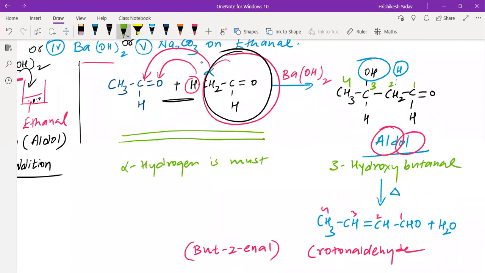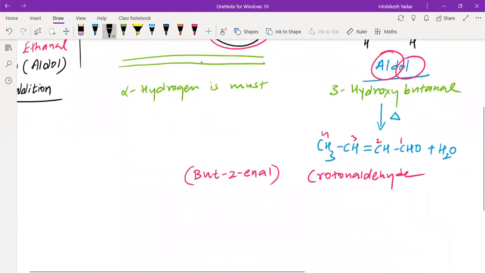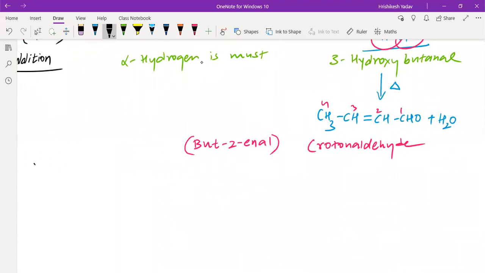Now question can be like, we can try one more example here. Suppose if we'll go for question number 2. If it comes action of sodium carbonate on acetone.